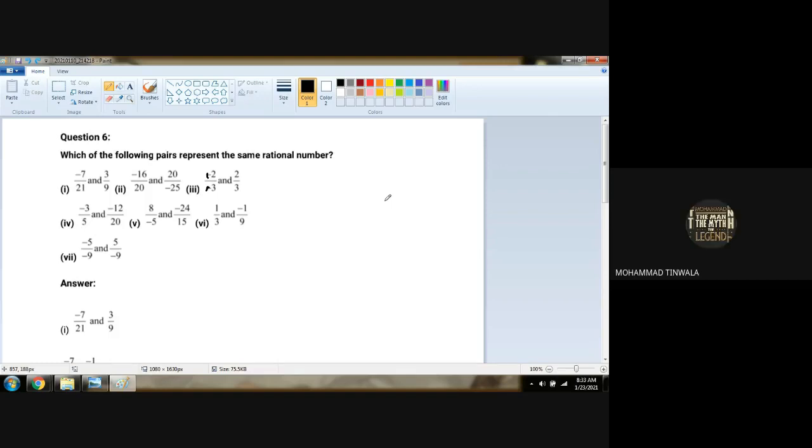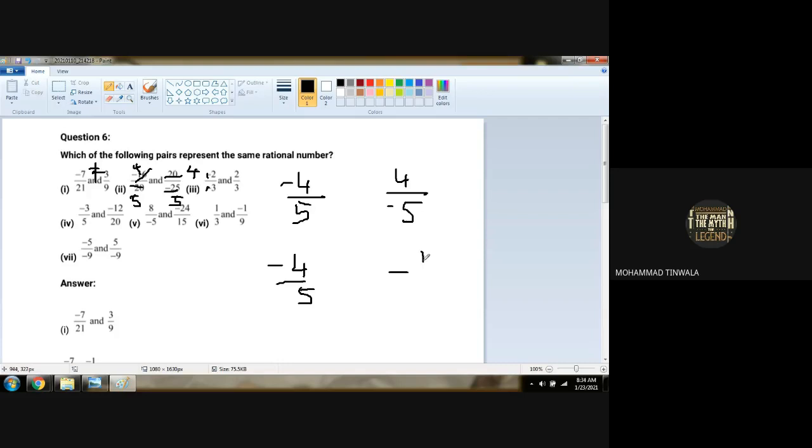Understood what we are doing? As long as it cancels, we keep cancelling. Then we have to check whether this is equal or not. So it is not equal. Here look, 4 4s are 16, so it will be -4, and 4 5s are 20. Okay, -4/5 came in the first. Then 5 4s are 20 and 5 5s are 25, and we get 4/-5. When we say this is equal, this -4/5 will be in between only.